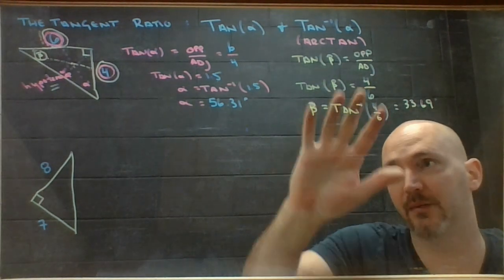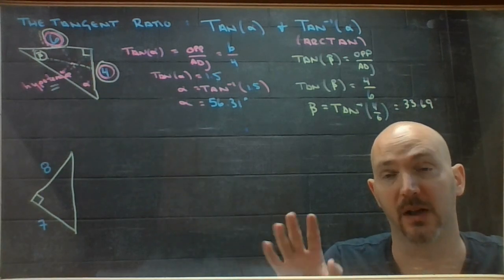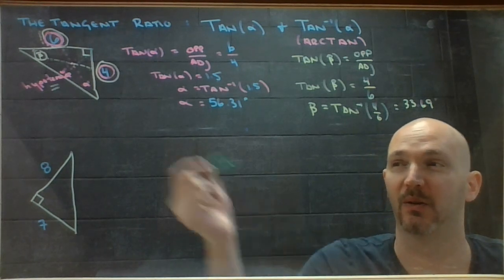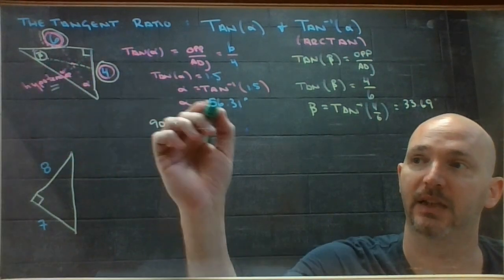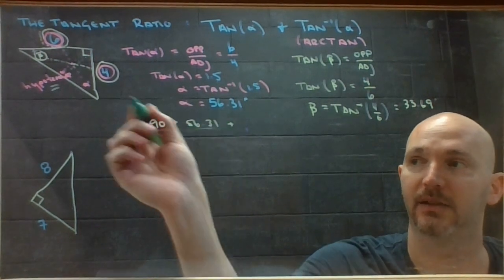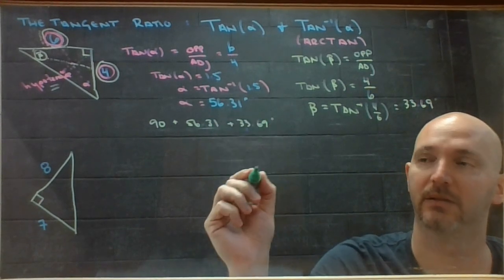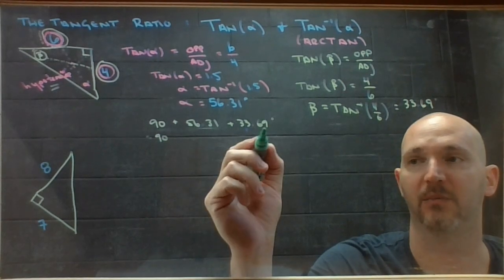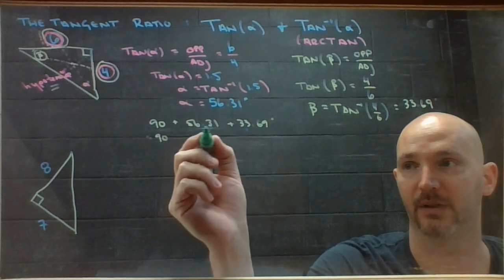Okay, now if this all checks out, all 3 angles in a triangle added together are supposed to add up to 180 degrees. So I've got a 90-degree corner there, and allegedly a 56.31 degree corner there, and allegedly a 33.69 degree corner there. 0.31 and 0.69 add up to 100.